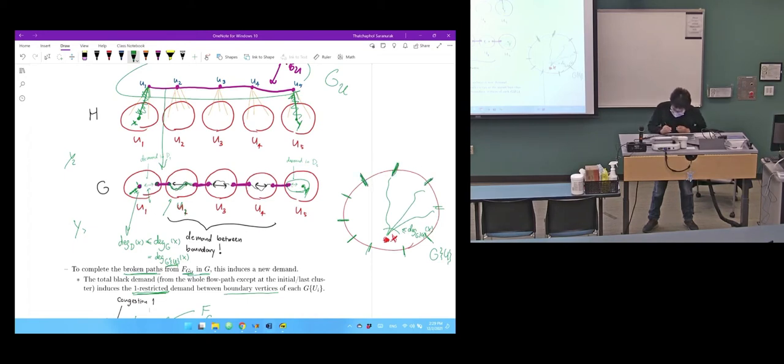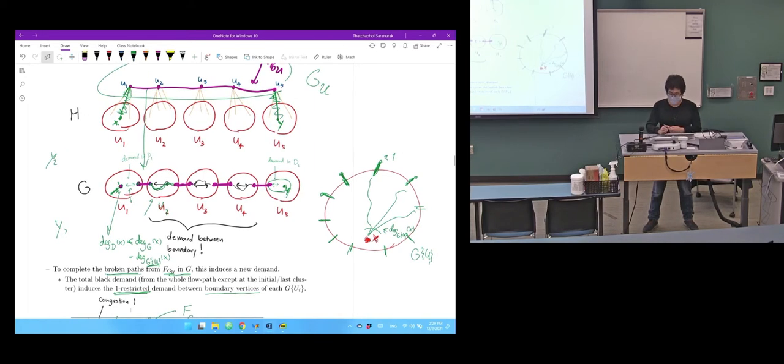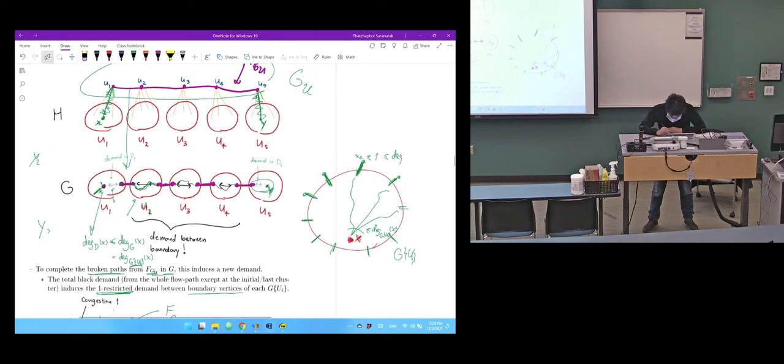And each of the battery nodes here is going to receive at most one, because the flow is feasible. And this is also at most the degree of this guy inside this graph.